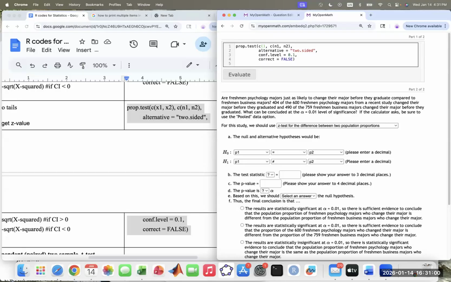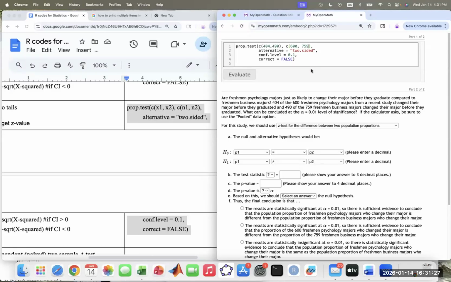For the first group that would be 404, and the second group would be 490. Then N1 and N2 are the sample sizes of each group: 600 for the first group, psychology students, and 759 for the other one.